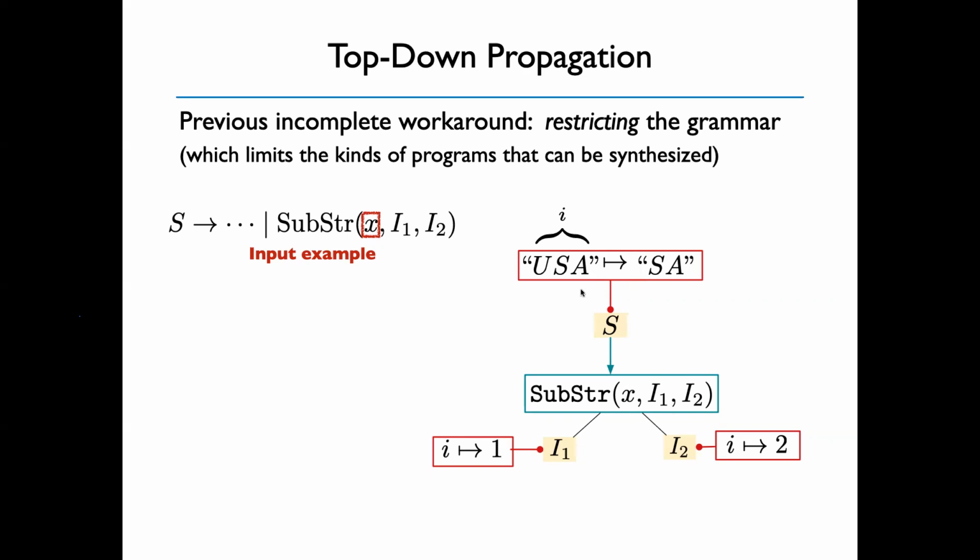For example, given a problem of finding a program consistent with this input-output example, then by fixing the first argument to be x, we can deduce proper input-output examples for the second and the third argument expressions.